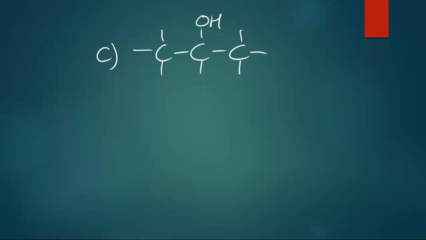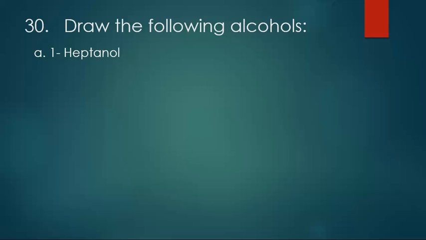All right, how about this one? Isaac. 1 heptanol. Describe it for me, Emily. So it'll be 7 carbons.